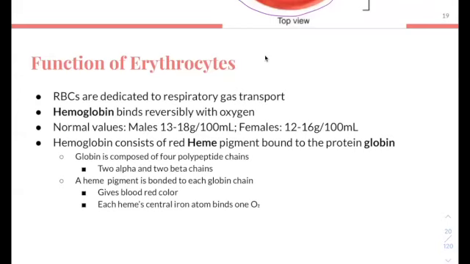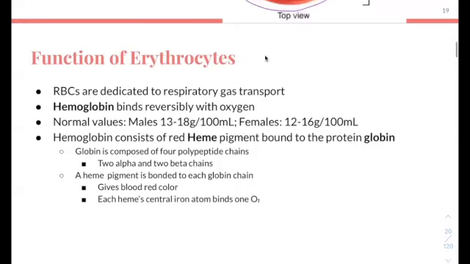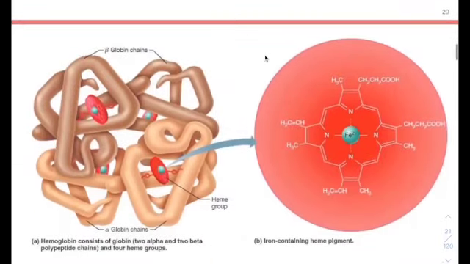Hemoglobin has a reddish pigment called heme. And it also has a protein, globin, with those four globin chains that wrap around each other, kind of like this.